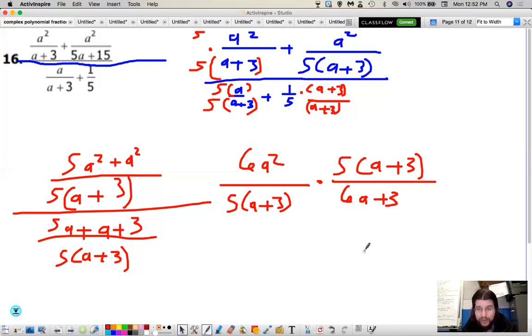Not canceling yet. We have a GCF here of 3. Technically, yes, you could go ahead and simplify it with the other pieces, but let's just factor out the GCF first and cancel all at once.